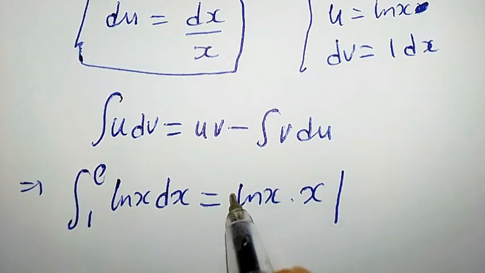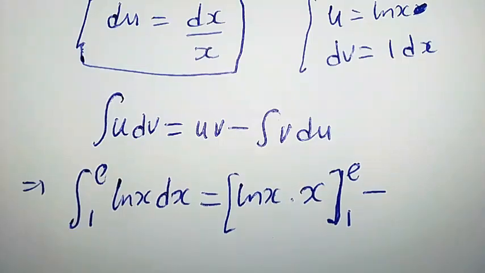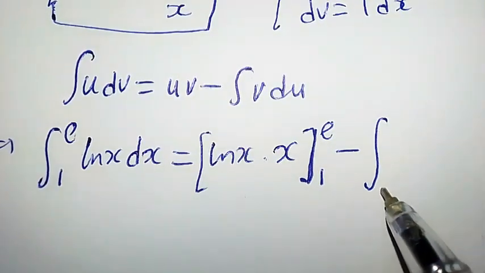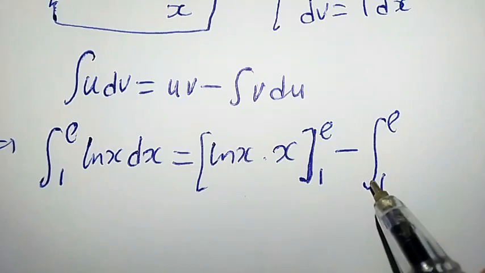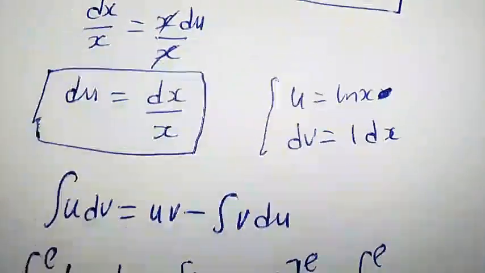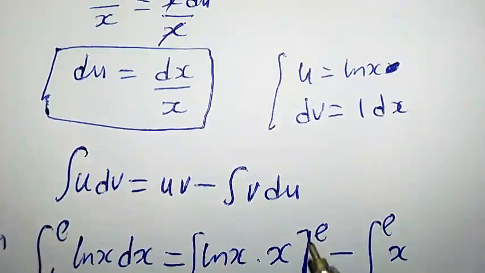Evaluating from 1 to e minus the integral, with lower limit and upper limit 1 to e. v is what? v is x. So we have x here also. And what is du? du is simply dx over x.